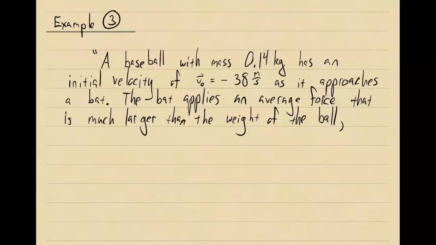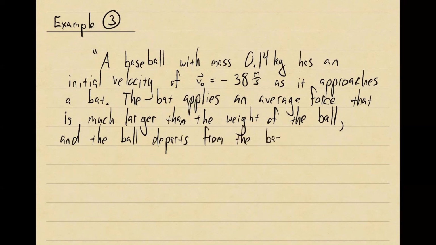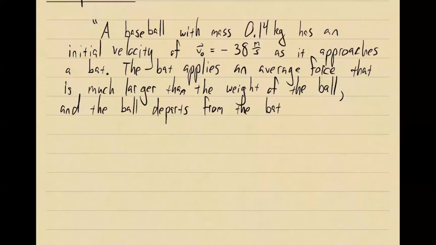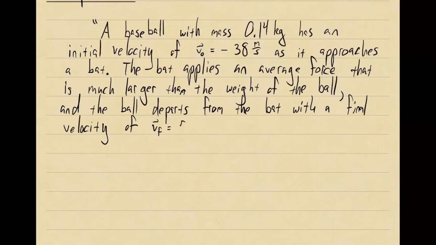And the ball departs from the bat with a final velocity of 58 meters per second. Now, let me just write VF, which is positive 58 meters per second.